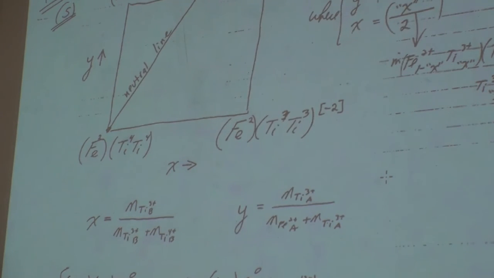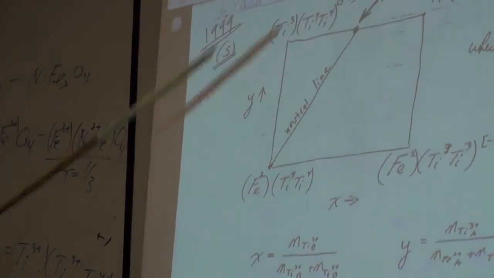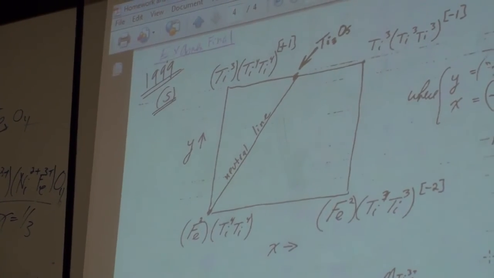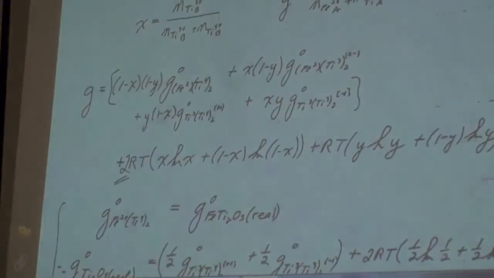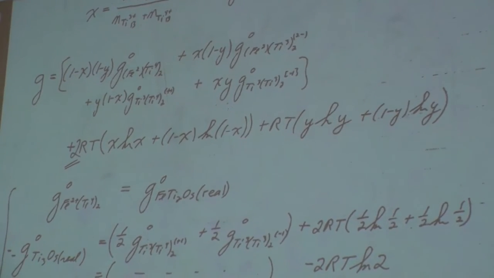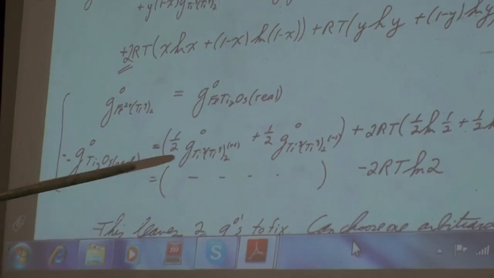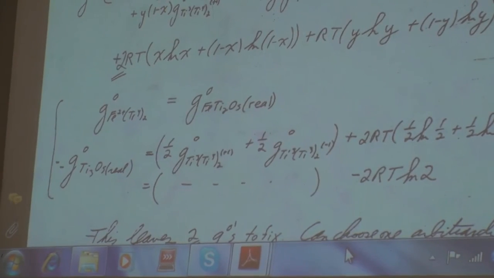Real Ti3O5 is Ti3+, Ti3+, Ti4+, so it's a mixture of this Gibbs energy plus this Gibbs energy divided by 2, plus a mixing term for the Ti3+ and the Ti4+, which mix randomly on that sublattice. The Gibbs energy of that end member is the real FeTi2O5. The Gibbs energy of real Ti3O5 is 1/2 this Gibbs energy plus 1/2 this Gibbs energy, plus the Gibbs energy of mixing on that second sublattice.